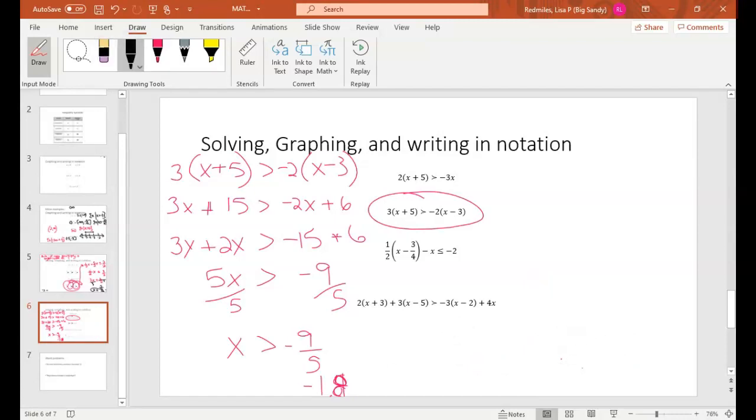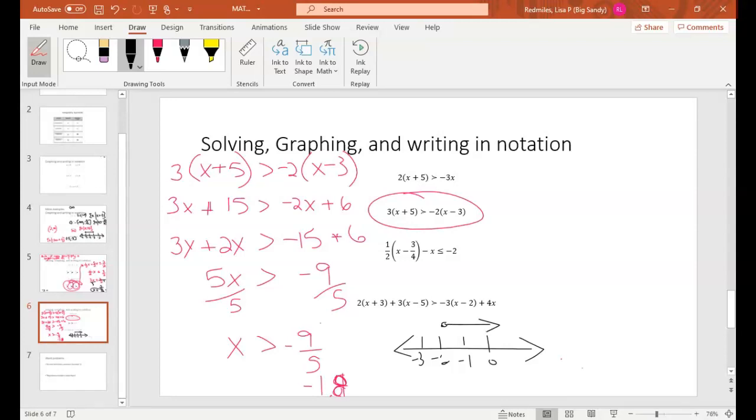So this is actually, I'm glad I caught that because -1.8 is closer to -2, so be careful there when you do that. It's going to be closer to -2 right there, and it's an open circle, and it's going to go to the right still, all the way to infinity.